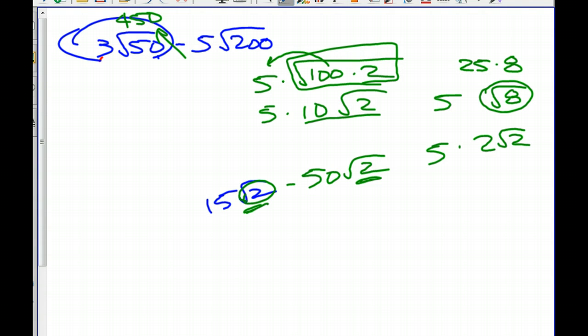So now I've got 5 times 2 times the square root of 2. Now I have 10 square root of 2. So I get the same thing, but I had to go through a lot more steps to get there. So the key thing is to find one number you can take the square root of and the other one you can't. It can't be simplified, preferably a 2 or a 3 or a 5 or a 7, something where you can't take the square root.